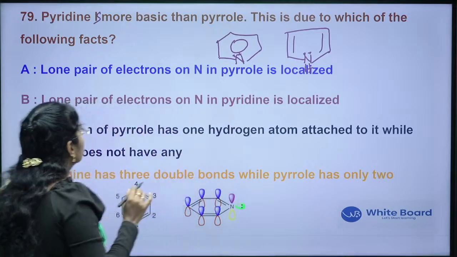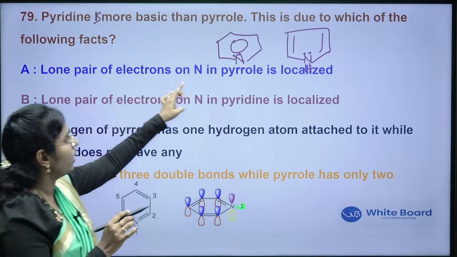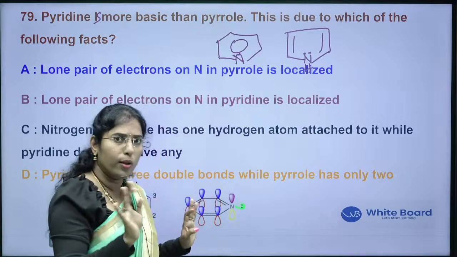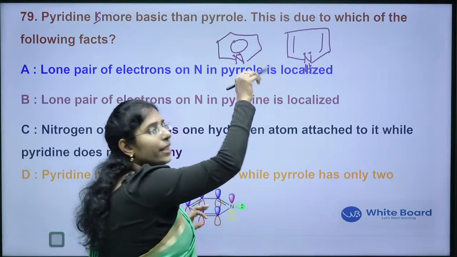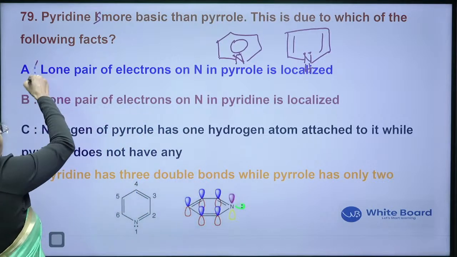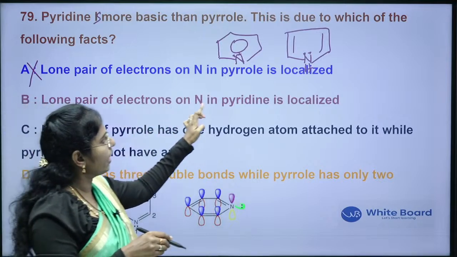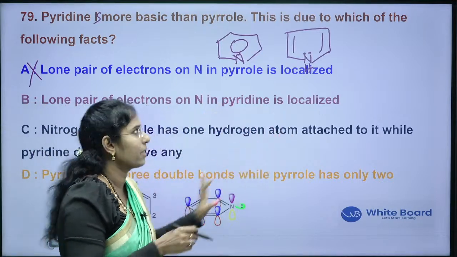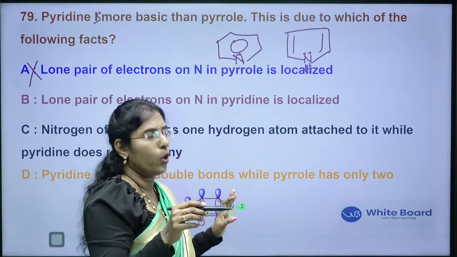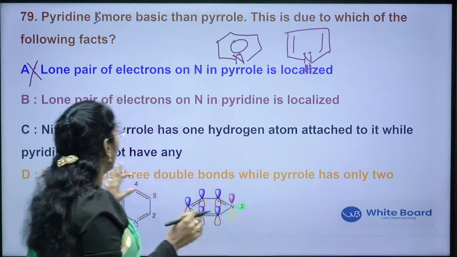So, what they have given here: lone pair of electrons on nitrogen in pyrrole is localized. No, it is not localized. It is always under delocalization to form the pi molecular orbital. So, the first option is wrong. What is the second option? Lone pair of electrons on nitrogen in pyridine is localized. Yes, it is. They are not involved in any formation of pi molecular orbital, so that they can readily accept a proton to form a bond.